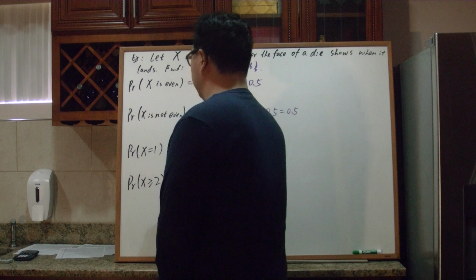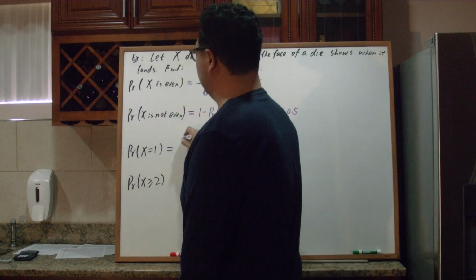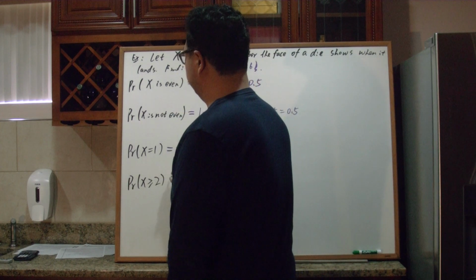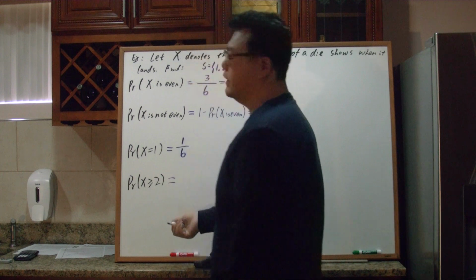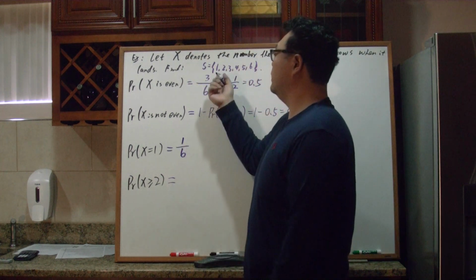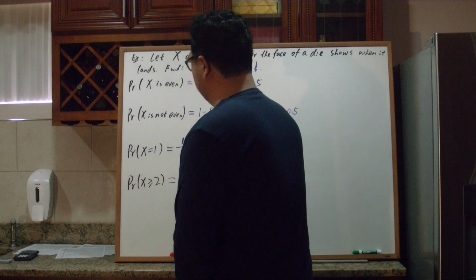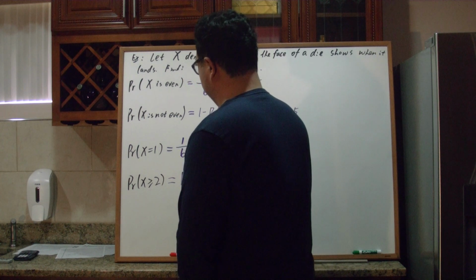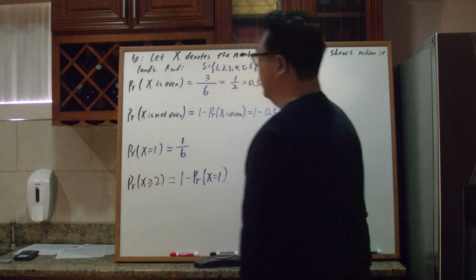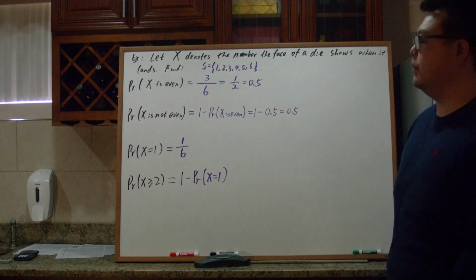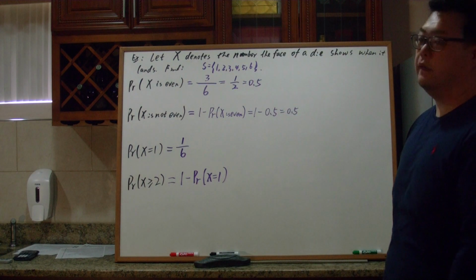Right, the outcome to be 1, that is 1 out of 6. To be at least 2, that just excludes the 1, so the complement applies. Greater than or equal to 2 is 1 minus the probability of X to be 1.